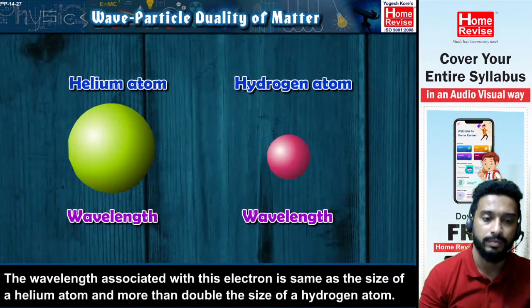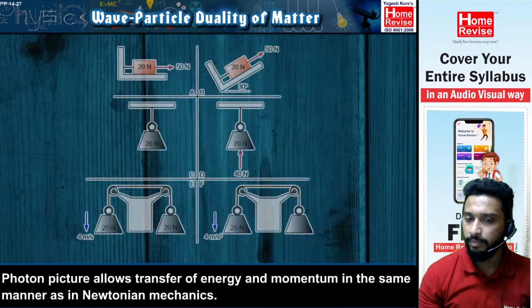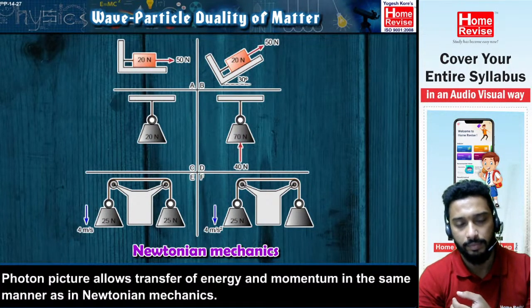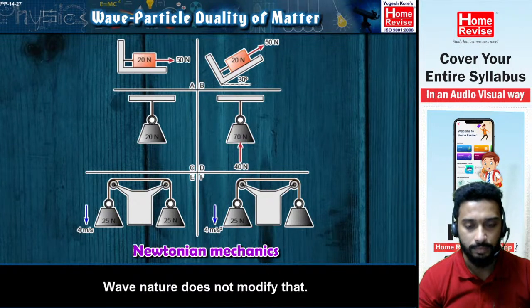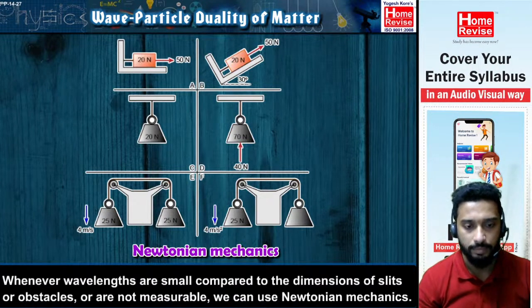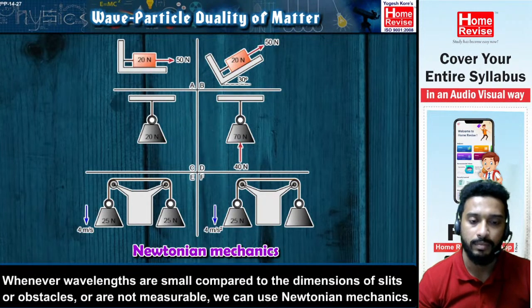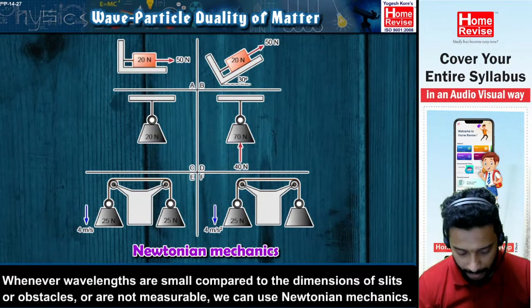The wavelength is the same as the size of a helium atom and more than double the size of a hydrogen atom. Photon picture allows transfer of energy and momentum in the same manner as in Newtonian mechanics. Wave nature does not modify that. Wherever wavelengths are small compared to the dimension of the slits or obstacles or are not measurable, we can use Newtonian mechanics.